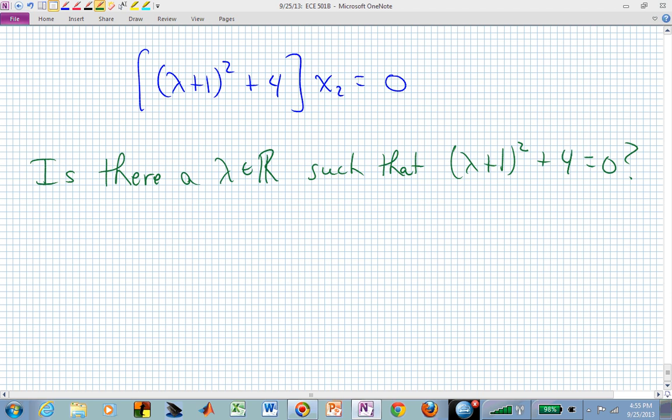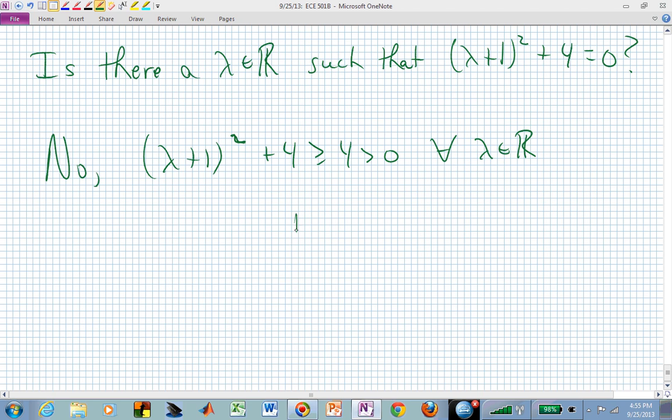Because that particular expression is always non-negative. The answer is no. Lambda plus 1 squared plus 4 is actually always bigger than 4, which is bigger than 0. Pictorially, that's just this. The minimum value is at lambda equal to minus 1, but then it just grows, doesn't it?